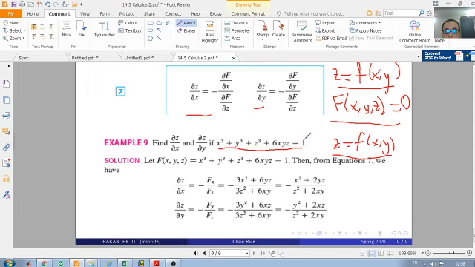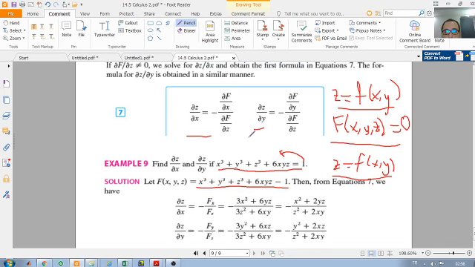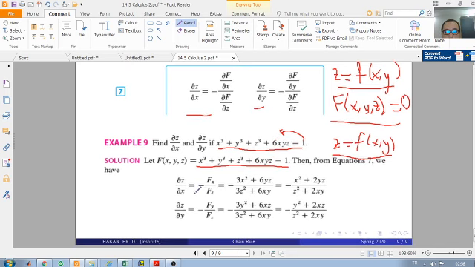So writing the constant to the left side, we have bigger F of x, y and z, like this one. Then from the equations written here, we can find easily the partial derivative of z with respect to x is equal to minus bigger F of x over F of z.